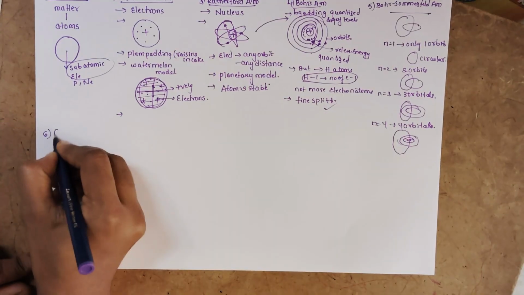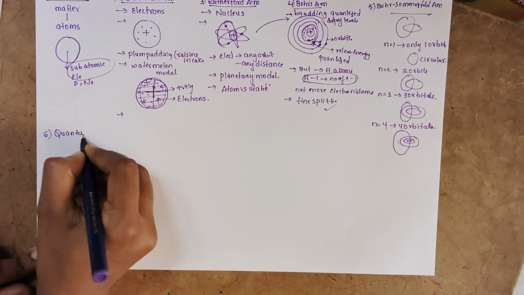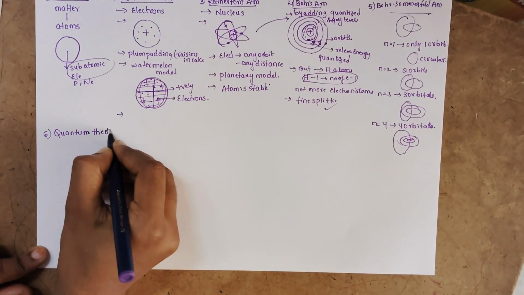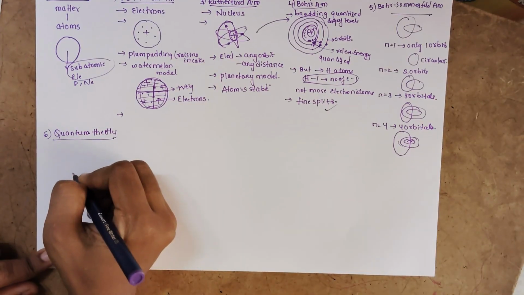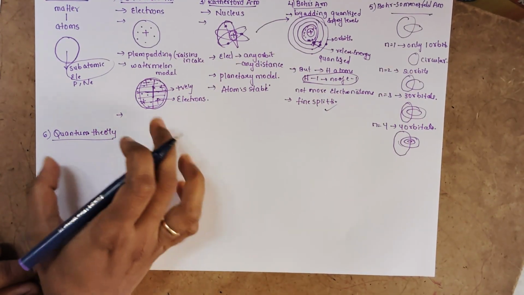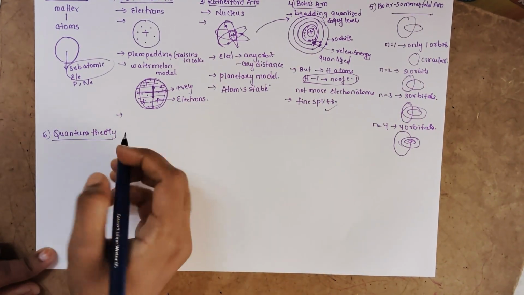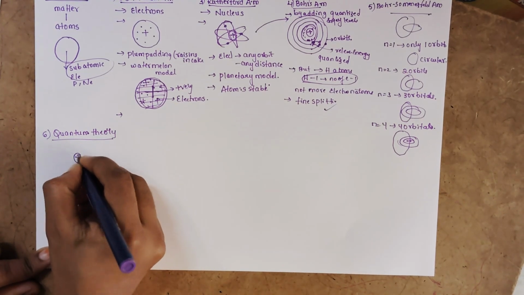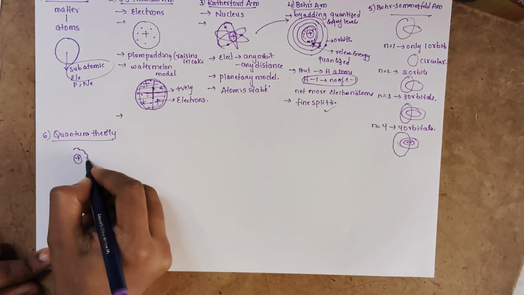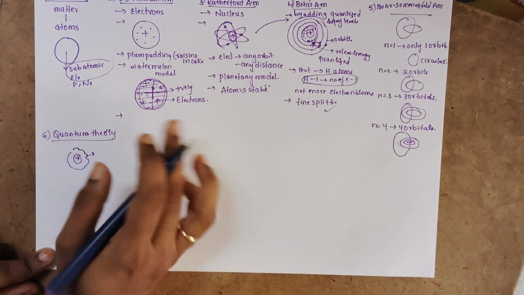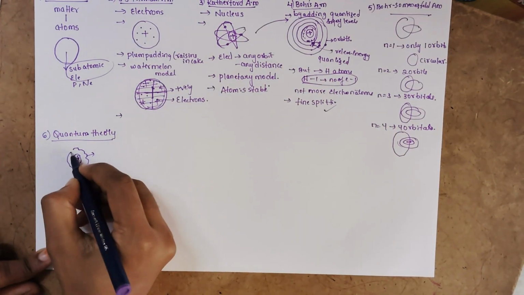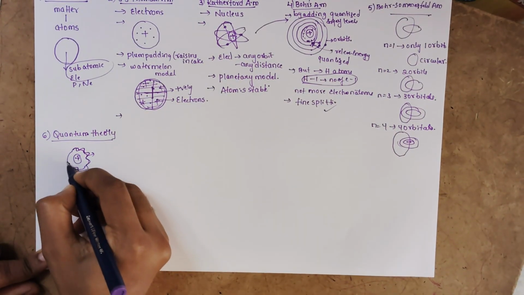And the last one is quantum theory. He said that the atom does not consist of fixed paths. It only says there is a positively charged nucleus. He says the atom doesn't have energy shells or orbits like this. There is a cloud-like region present around the nucleus.